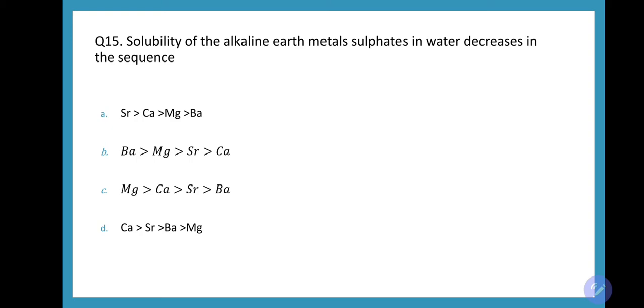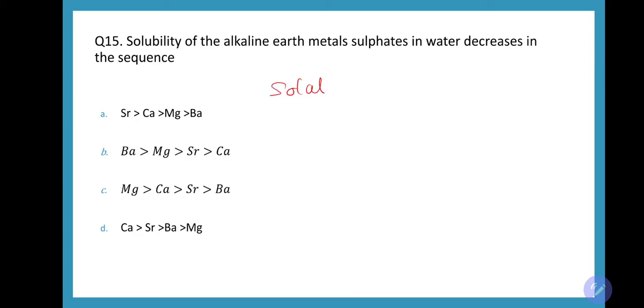Solubility of alkaline earth metal sulfate in water decreases in the sequence. Okay, so you have to find the sequence. Keep in mind that solubility of alkaline earth metal sulfates decreases down the group.